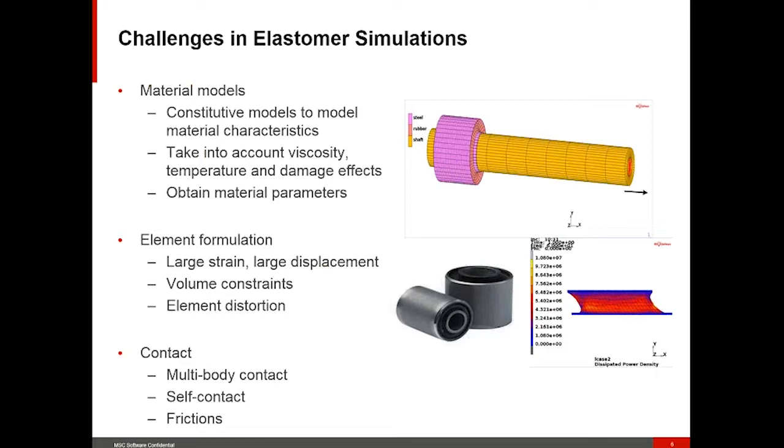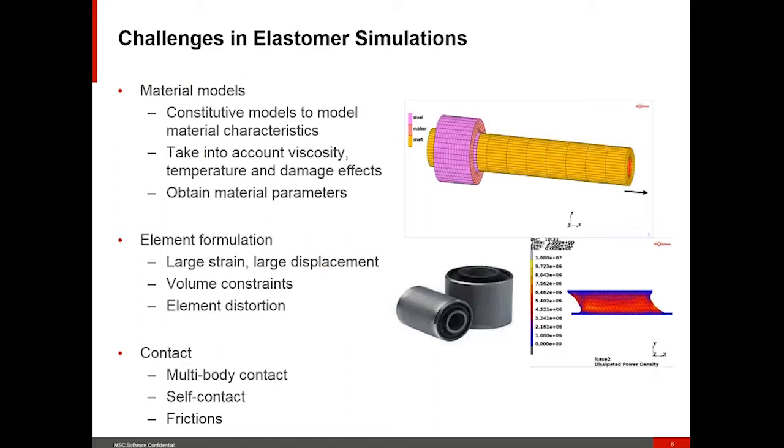Also, the rubber material properties are obtained by choosing a constitutive model with curve fitting. It actually highly depends on the user's experience and preferences. If you want to take into account viscosity, temperature, and damage effects, obtaining these material parameters is even more challenging.